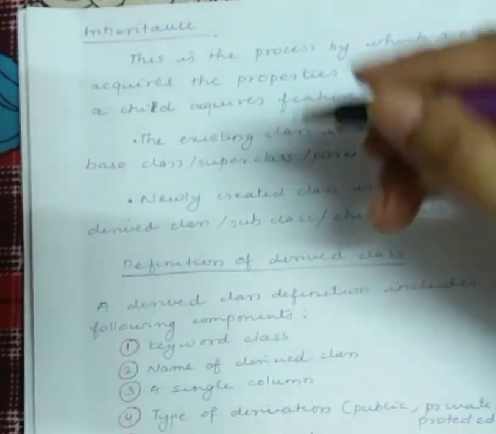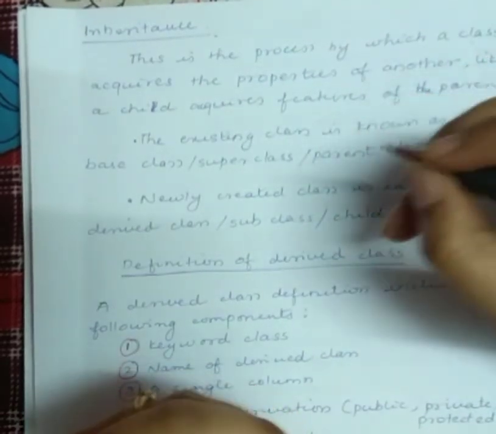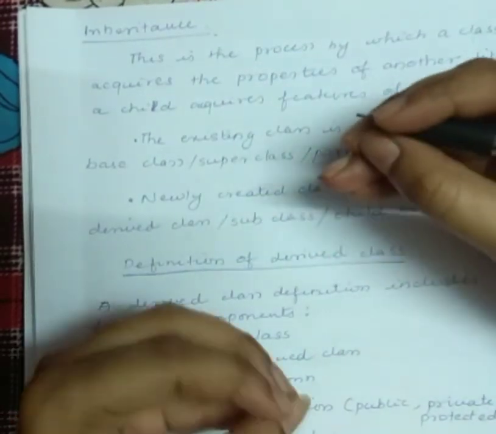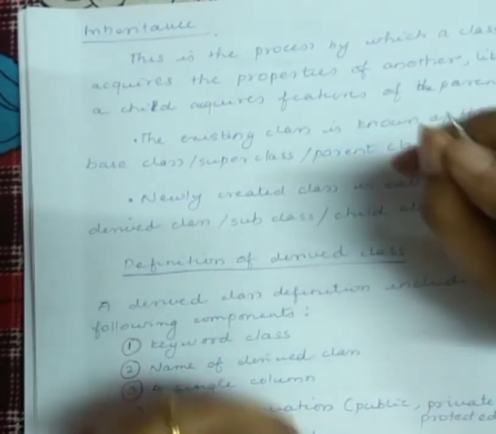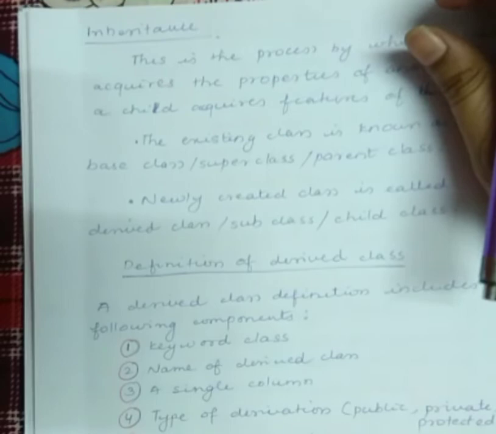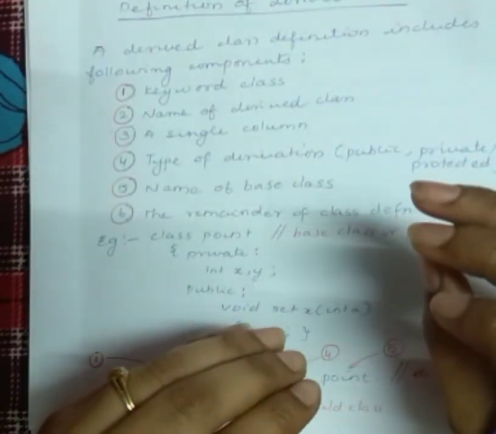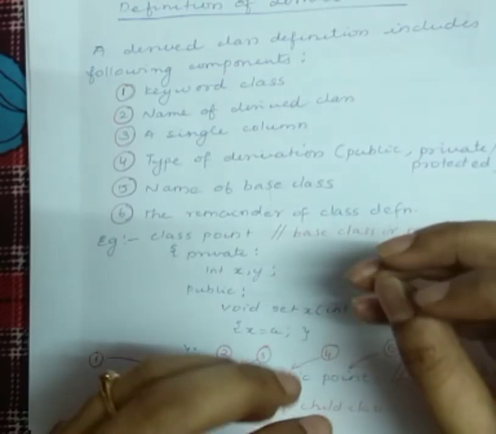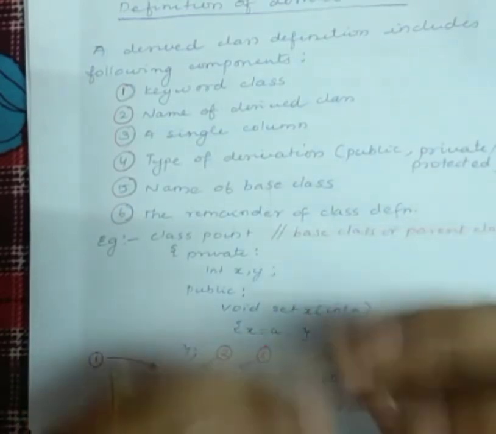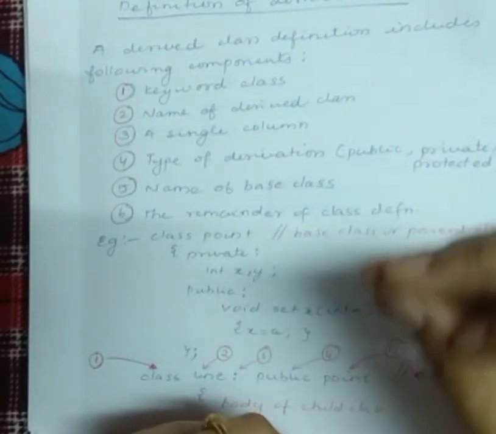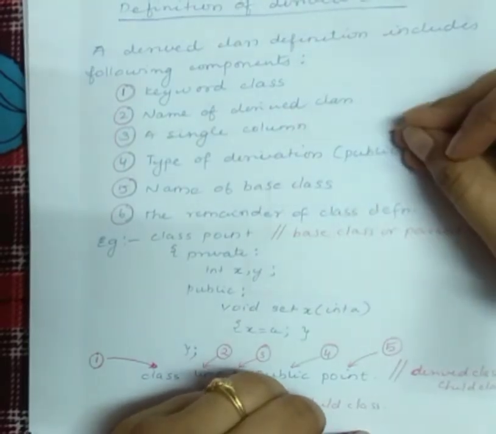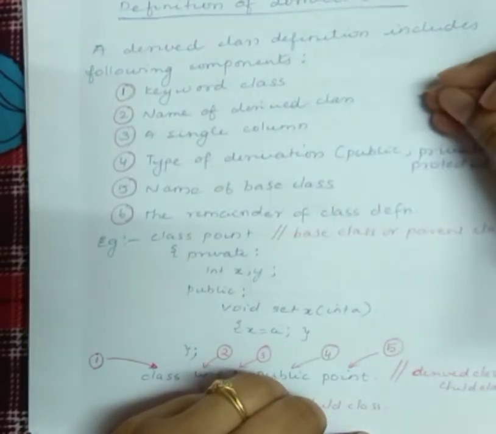In a class, we can derive certain classes from a parent class. That is known as inheritance. What is a derived class? A derived class or child class is the class which inherits from the parent or base class.